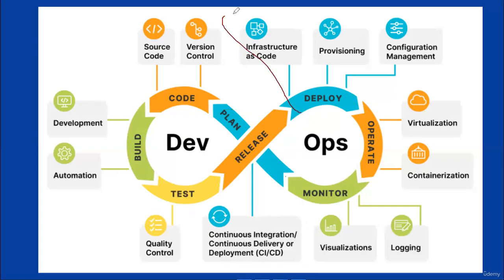In the deploy mode, we have these three: provisioning, infrastructure as code, and configuration management. Infrastructure as code means that whenever someone has version control, it needs to be specified as infrastructure as code. Provisioning is helpful for scalability and for interacting with the versions we have, and it needs to be triggered every day, every month or every year, depending on the frequency.